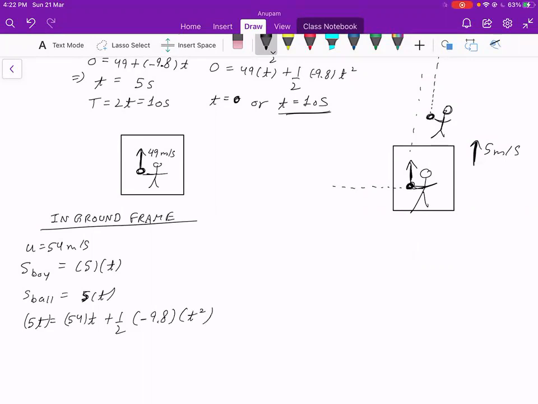So one of the answers will again be t equal to 0. The second answer, if you solve this, you will find t is equal to 10 seconds again. Is that correct? You can check the calculation if you want.